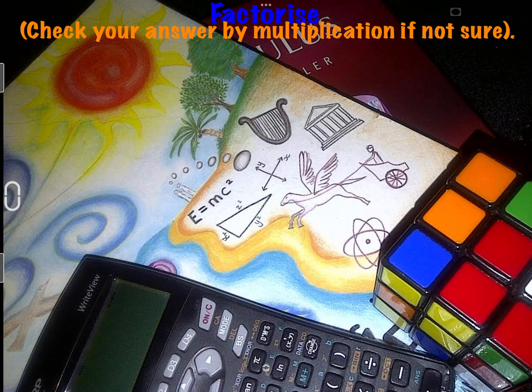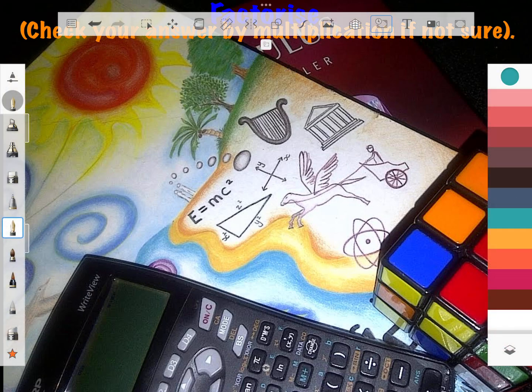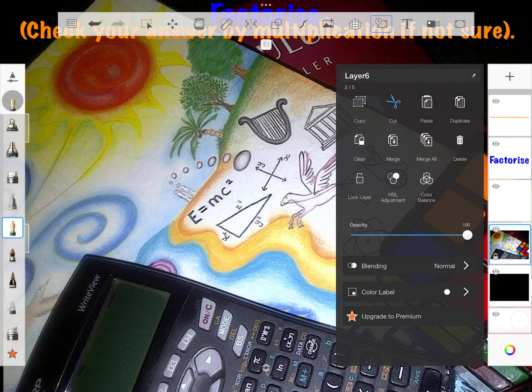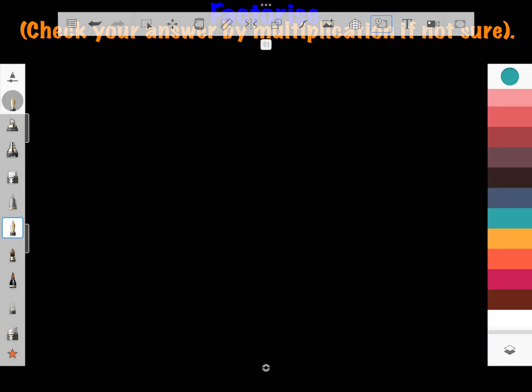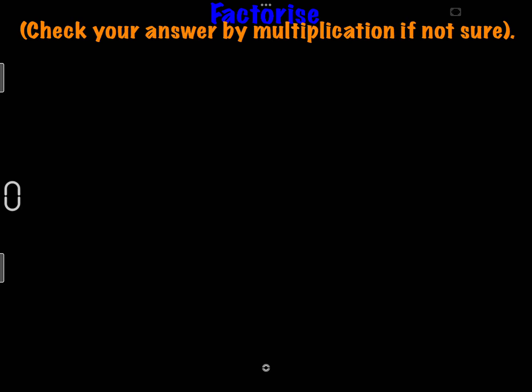Today we'll be factorizing trinomials, our fifth and last edition in factorization. Suppose you are given this expression, our fifth example.